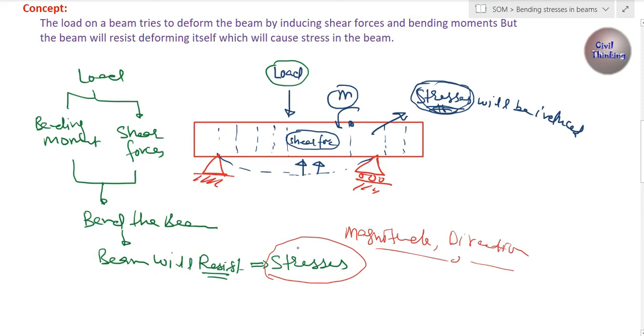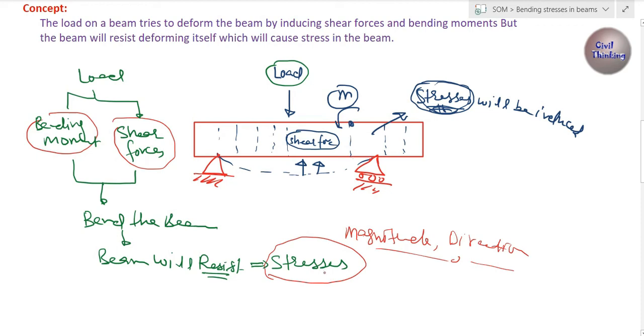Now here is a problem. When you consider the shear forces and bending moment both, of course there will be stresses, but if you consider both of them acting, these stresses will be found, but they will be very tedious.